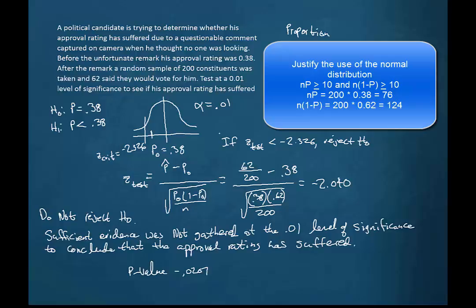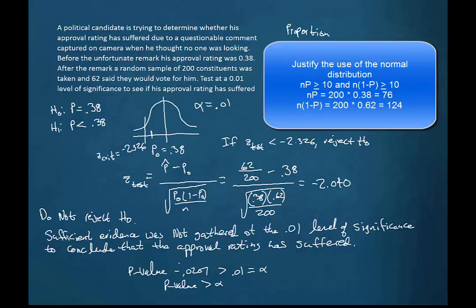We notice that this value is greater than 0.01, which is equal to alpha. And so, in other words, the p-value is greater than alpha in this case, and it would lead us to the same conclusion that we should not reject the null hypothesis. But if this test were done at the 0.05 level of significance, then we would have rejected the null hypothesis and concluded that the approval rating has suffered.